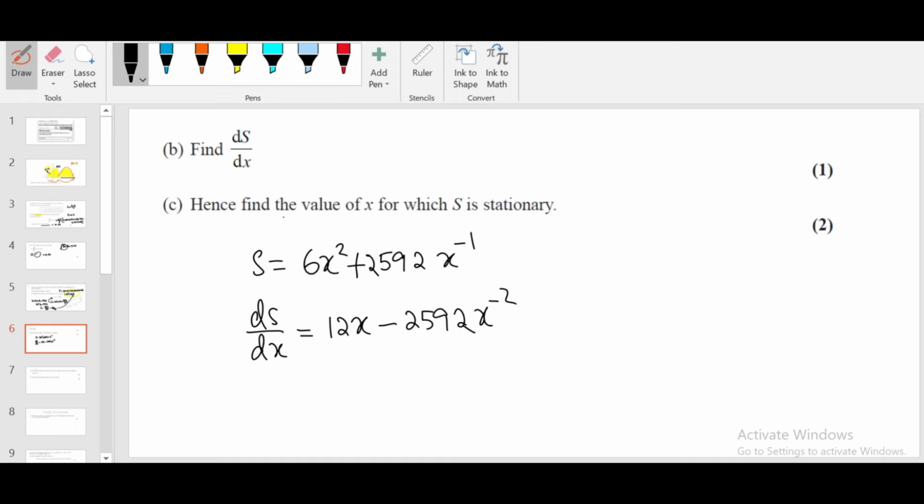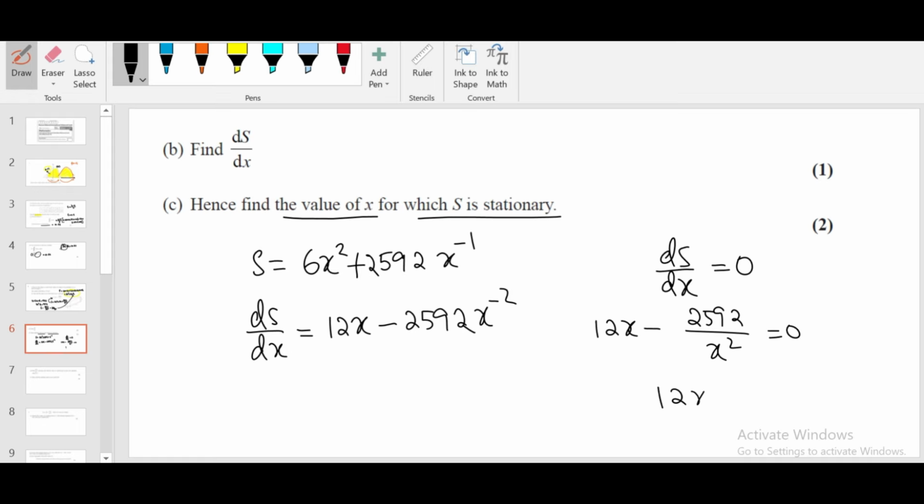Now find the value of x for which S is stationary. Whenever the question talks about stationary point, maximum or minimum point or a turning point, you put ds by dx is equal to 0 and find the value of x. So you can put 12x minus 2592 over x square is 0. 12x is equal to 2592 over x square.